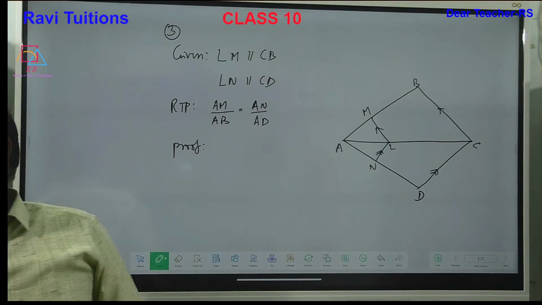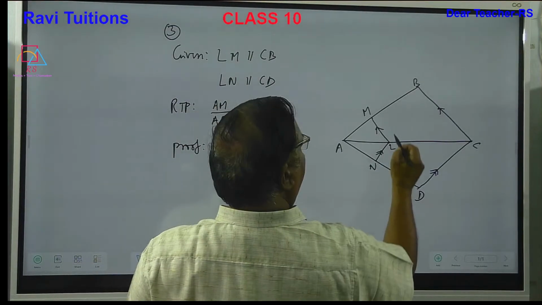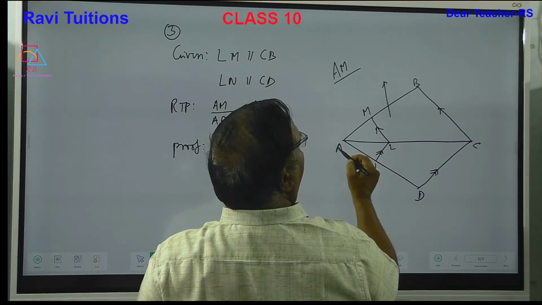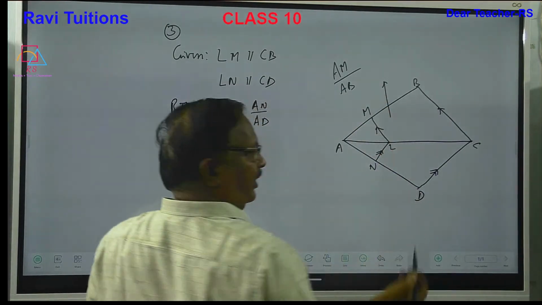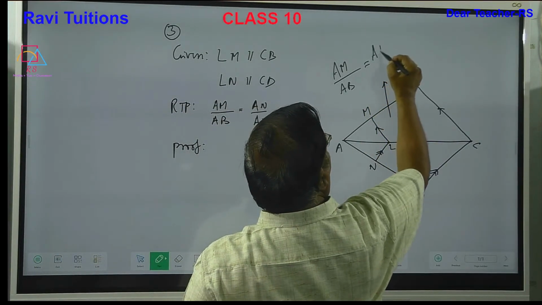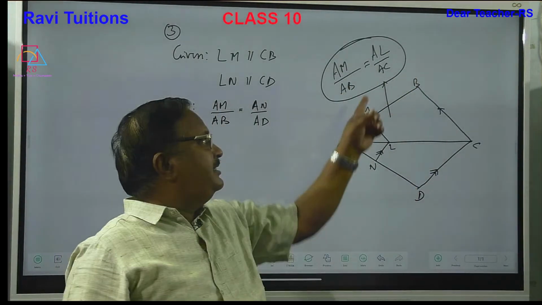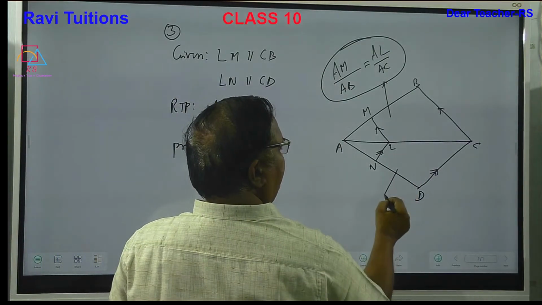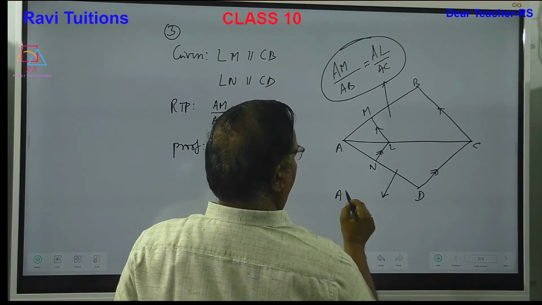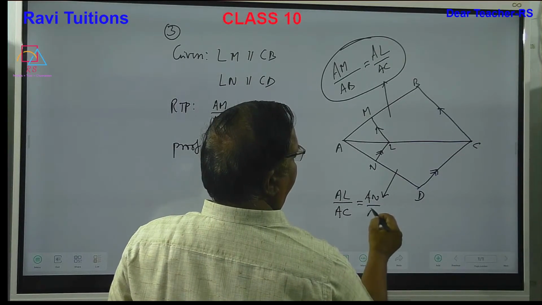So now I will keep the textbook aside and let me follow. If I apply the basic proportionality theorem in this triangle, what will you get? AM by AB, the corollary of the basic proportionality theorem, is equal to AL by AC. In this triangle also we will apply the corollary: AL by AC is equal to AN by AD.